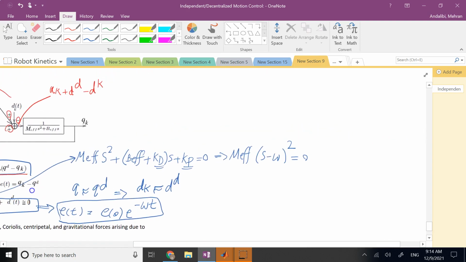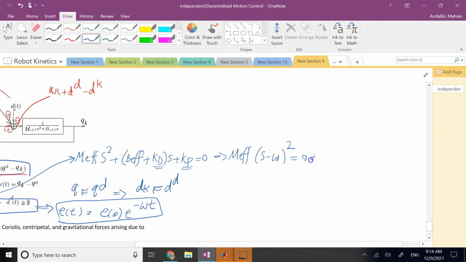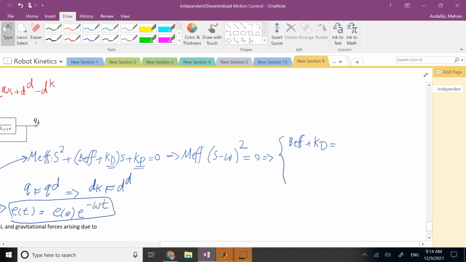Correct? So, and that's not hard, because from here you can see that if you look at the linear term here, the linear term is b effective plus kd. And here the linear term is going to be what? It is going to be negative 2 omega times m effective.